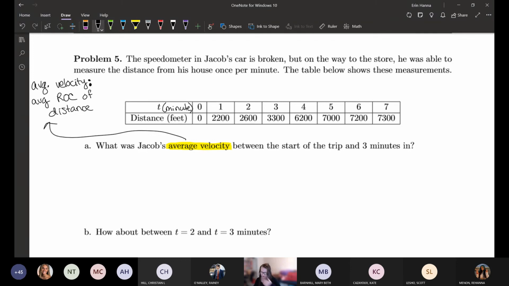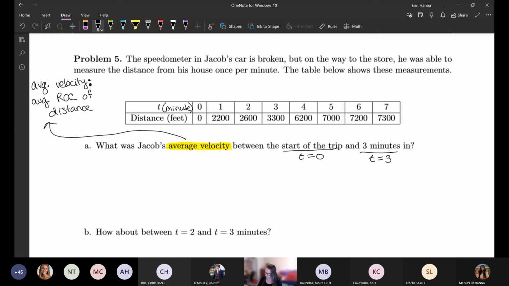So instead of saying what is Jacob's average rate of change for the distance between the start of the trip and the 3 minutes, they just say average velocity. So if you see the phrase average velocity, think average rate of change. It's just in terms of this distance function. So we want to know from the start of the trip, so that would be t equals 0, and 3 minutes in, so t equals 3. So we essentially want the average rate of change between 0 and 3.